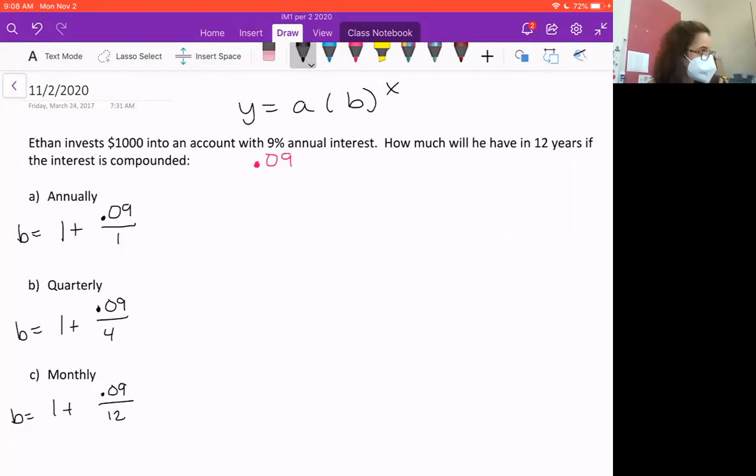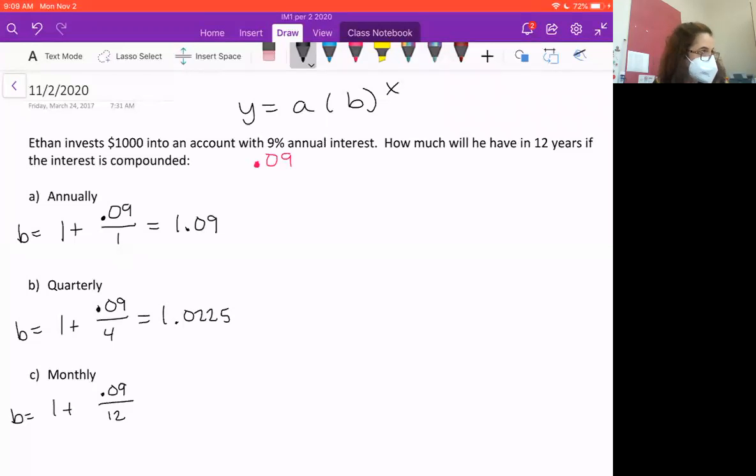Okay, so let's take a look at our values here. So on part A, the B value, 0.09 divided by 1 is 0.09. Add that to 1, you get 1.09. On part B, you end up with 1.0225.